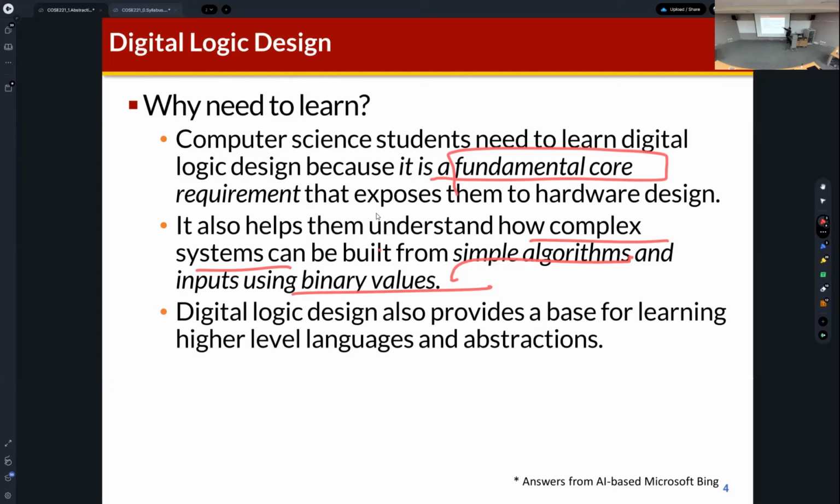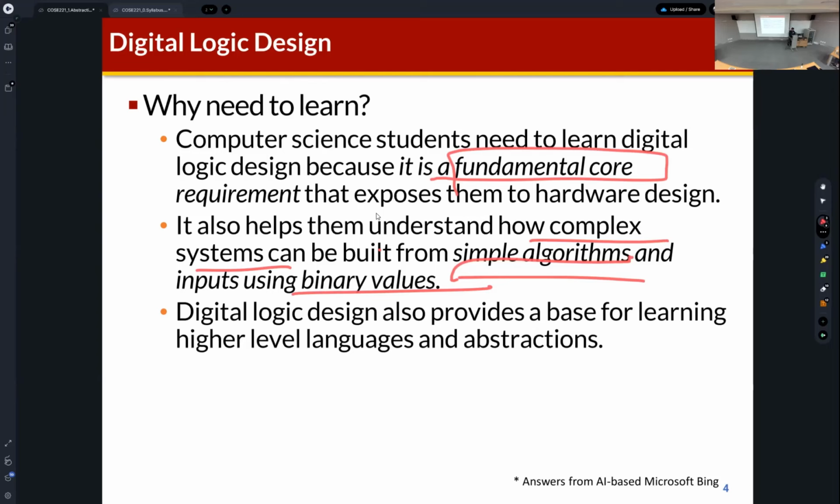The same goes for computer systems. They are very, very complex, but they are built from simple algorithms or simple logic gates. That is the fundamental knowledge, very similar to 1 + 1 = 2 in mathematics.